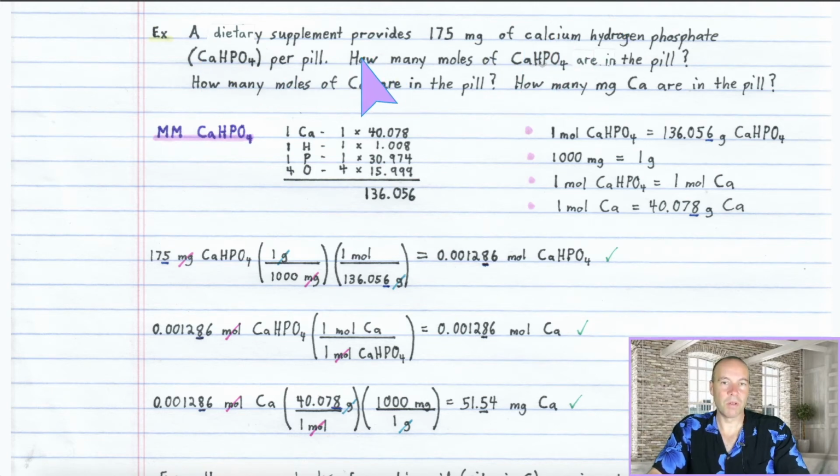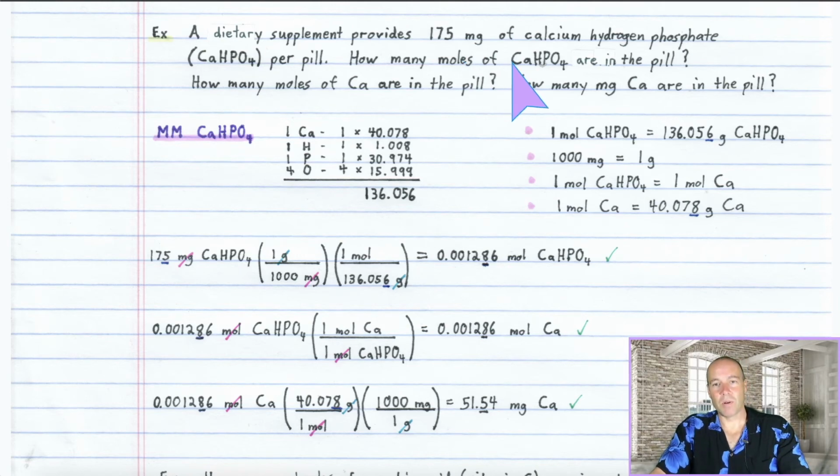And let's answer the first question. How many moles of calcium hydrogen phosphate are in the pill? Now, to get from the mass of calcium hydrogen phosphate to the number of moles of it, we're going to need the molar mass again.